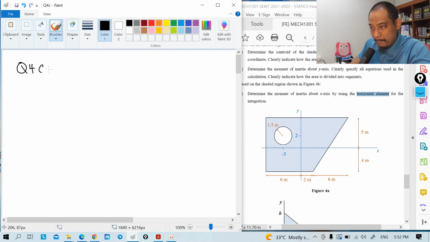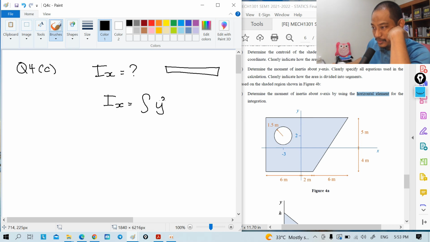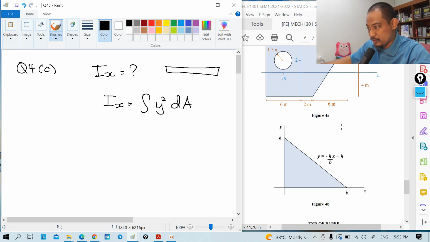So we want to find Ix, and for this element, Ix equal to integration of y squared dA, right? Hopefully you remember which equation is for which element. That is important.